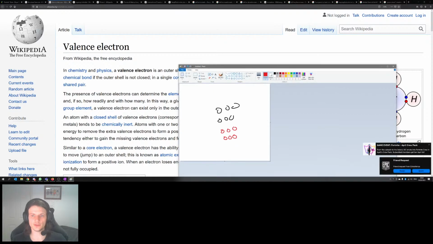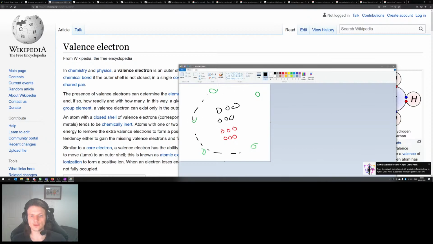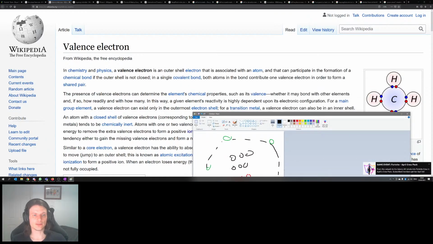Neutrons, are they? Can't remember. And then you've got the electrons on the outside. It says an outer shell electron that is associated with an atom, and that can participate in the formation of a chemical bond if the outer shell is not closed.